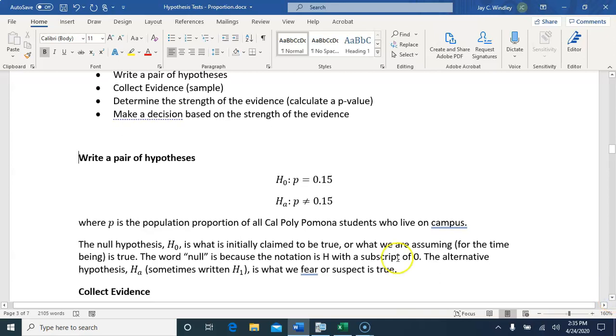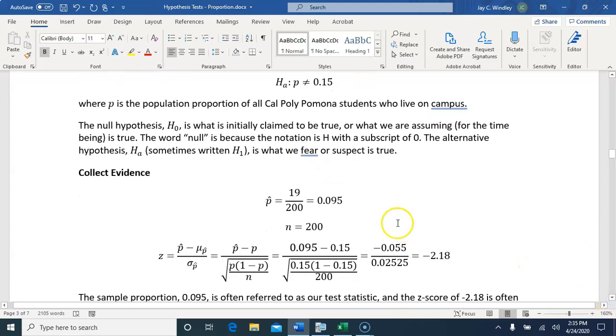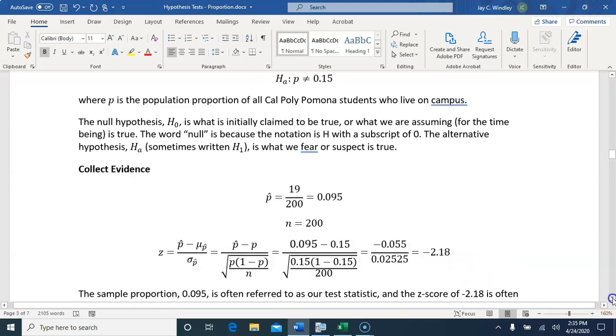So, what evidence do we have that the population P might be not equal to 0.15? Well, we have our P hat. 19 out of the 200 that we surveyed are living on campus, which is 9.5%. Sample size is 200. So we turn that into a z-score. We get a z-score of negative 2.18.